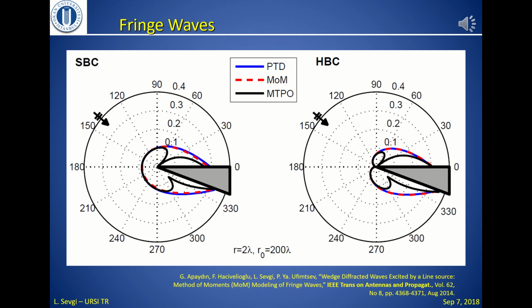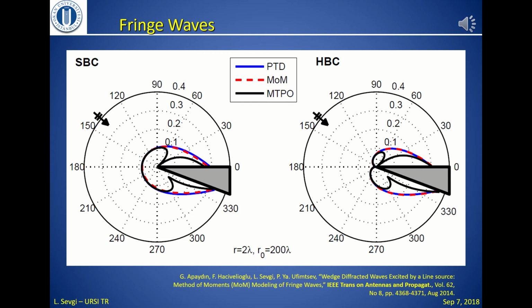Here you see fringe waves around the wedge under soft and hard boundary conditions. The blue curve is PTD and the red curve is MOM. They agree very well.